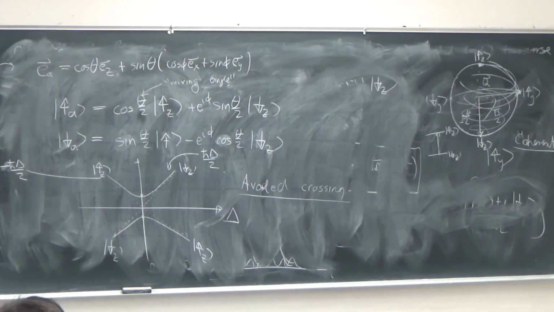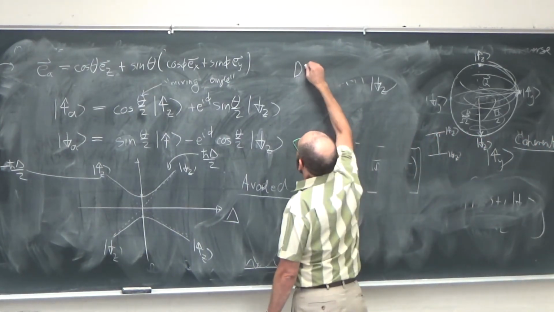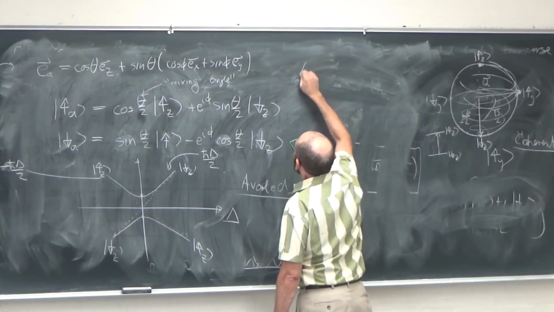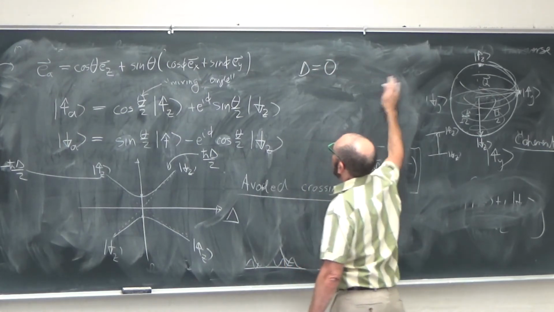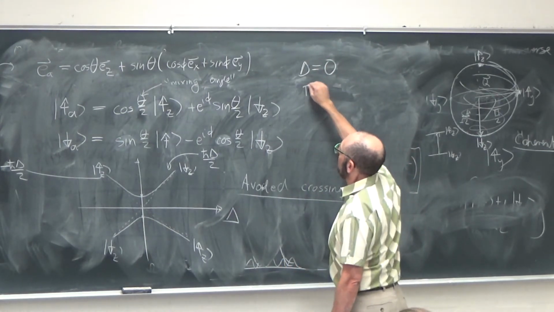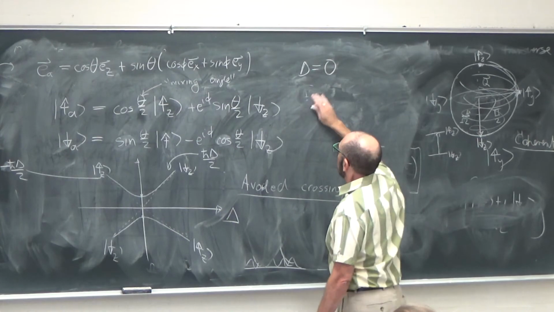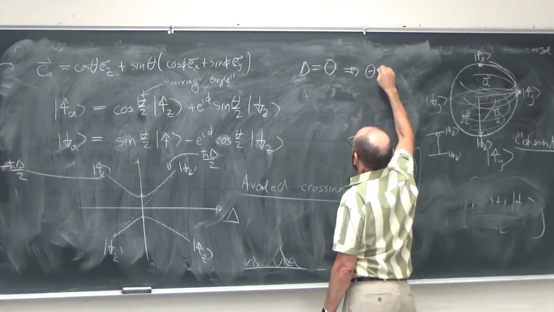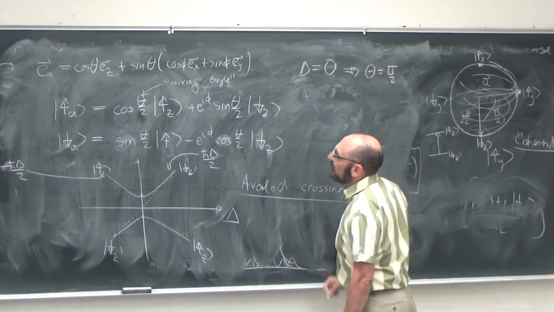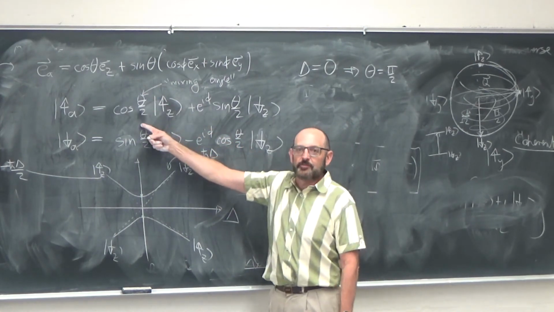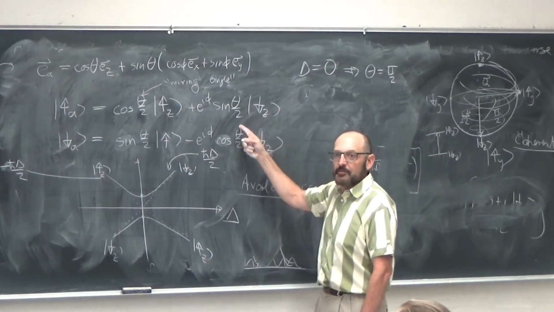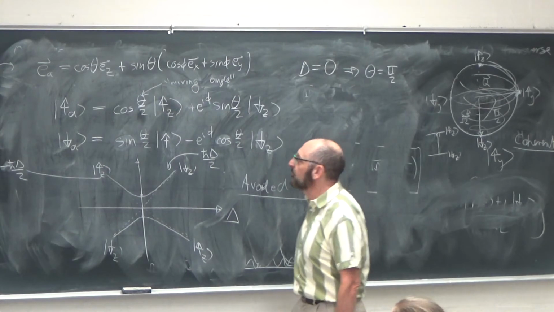How much of a probability amplitude do I have of up versus down? So now I ask you, when delta equals 0, what is the mixing angle? Pi over 2. Which means this is cosine pi over 4, and this is sine pi over 4, which is 1 over root 2.